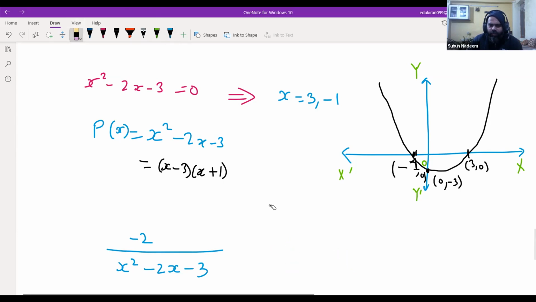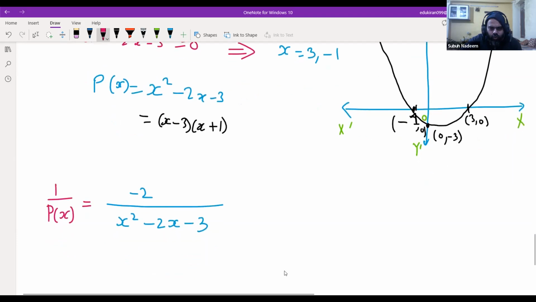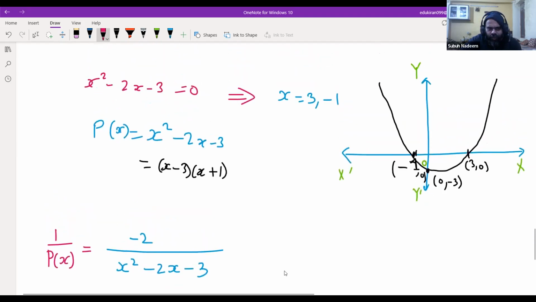So they have done some changes here. They have put minus 2 in the numerator. So if we put minus 2 there, it will be 1 by px is equal to this one. So should I do it or you will try? I'll try, sir. Okay.